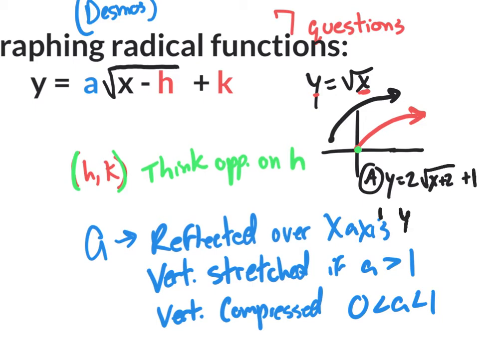Or let's say option D, which was y equals 3 square root of x plus 2 plus 1. So the h and k are both the same, and they both look appropriate, 2 to the left and 1 up. So both options look good. The only difference is one is a vertical stretch of 2, one's a vertical stretch of 3, and you can't visually see the difference between the vertical stretch of 2 or 3.